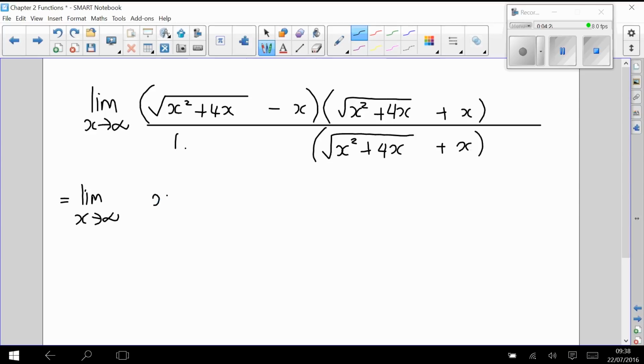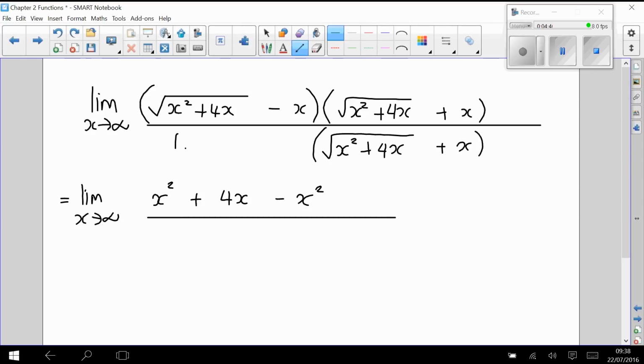In other words, I'm going to have x squared plus 4x. The middle terms cancel out, and I have minus x squared. In my denominator, I'm going to have the conjugate, which is going to be the root of x squared plus 4x plus x. Now I'm able to assess what my highest degree of x is.